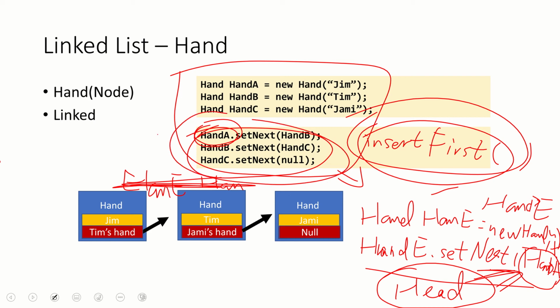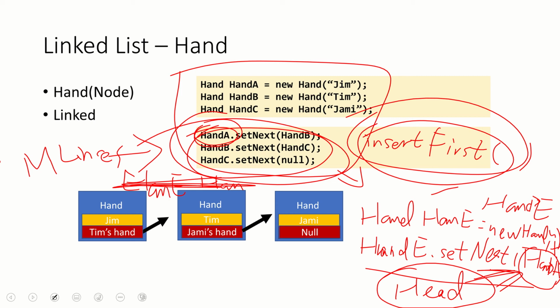But if I mess up the order, or I put a million lines over there, how can you find which hand is the head, right? How can you find which one is the tail?